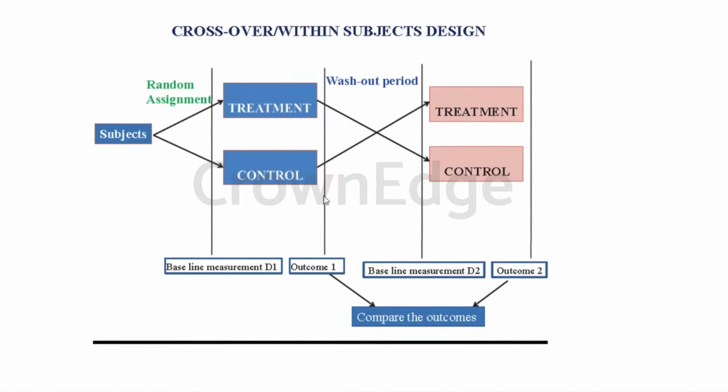That one month is going to make sure that the outcome 1 values have gone back to the baseline values. You tell them to follow whatever routine oral hygiene methods they used to follow. If you brushed once a day, you brush once a day now for one month. Come after one month, we will see again.